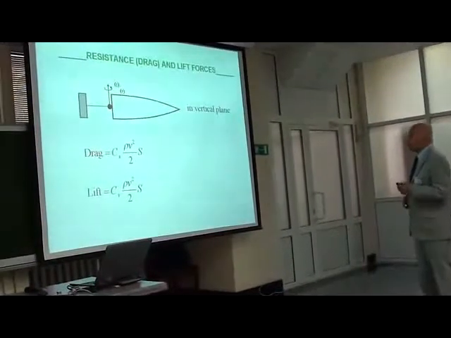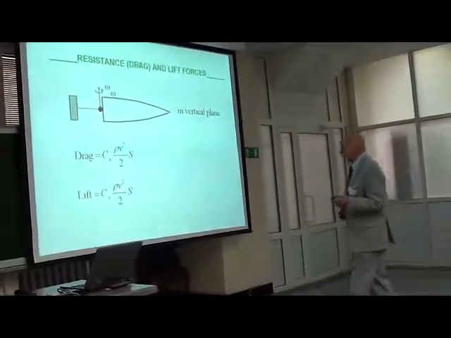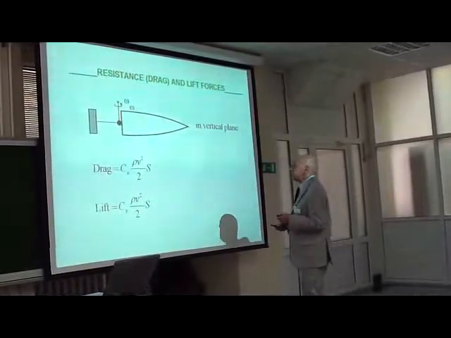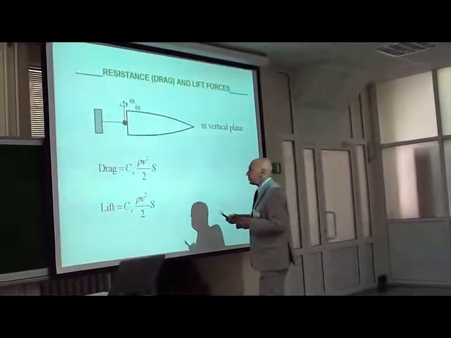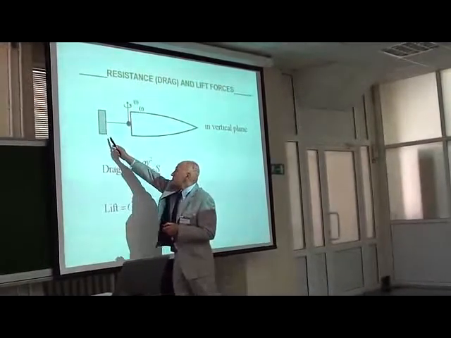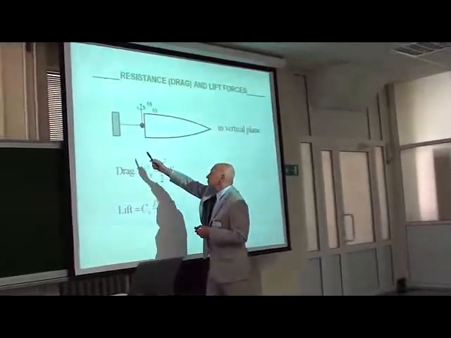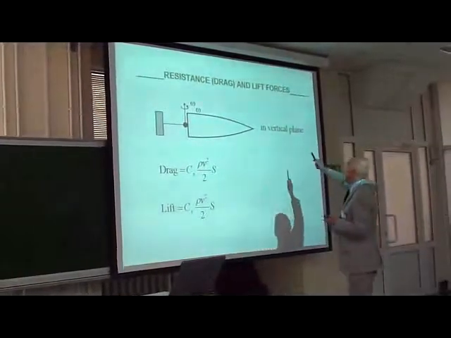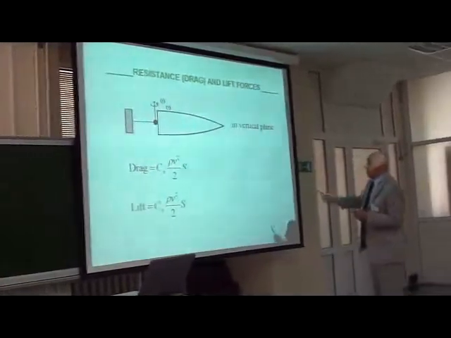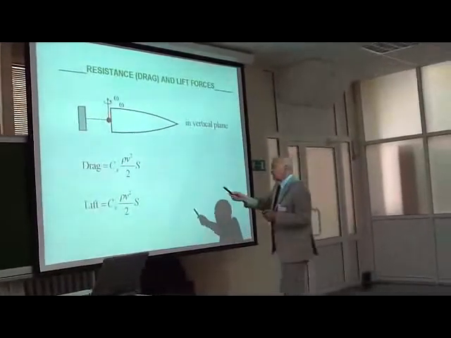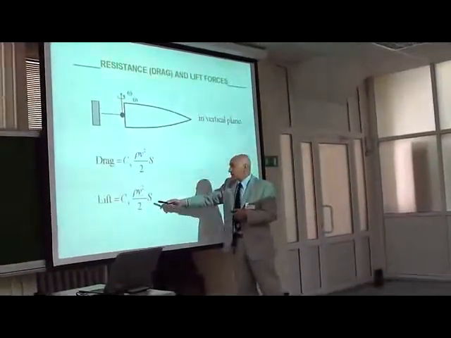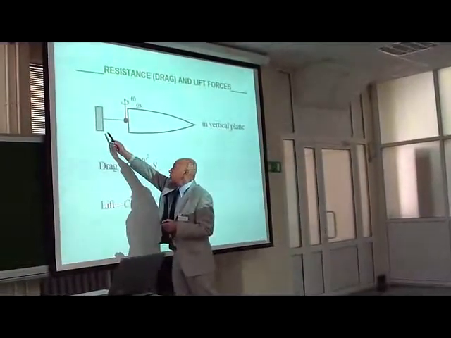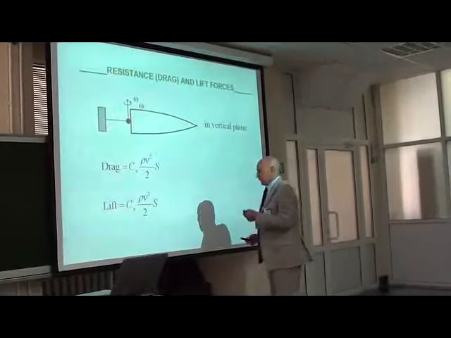At first, I spoke about only drag applied to the endpoints, but also if we consider this endpoint as a fin, which has some, for example, rectangular shape here. You see here the view in vertical plane, and then besides the drag, we must take into account the lift force, which is produced by this small wing, small fin.